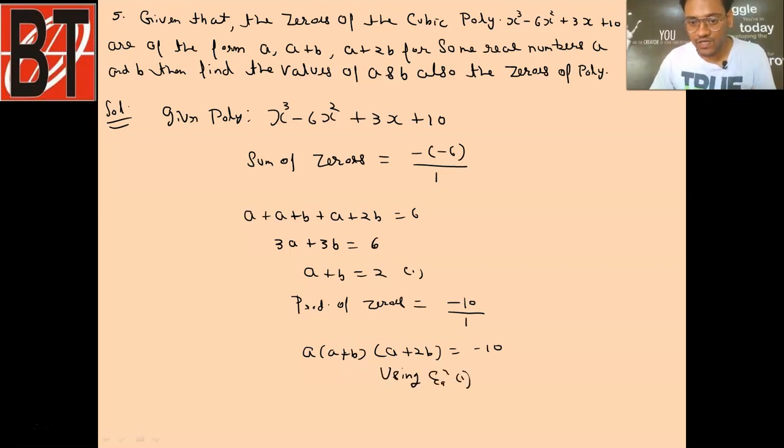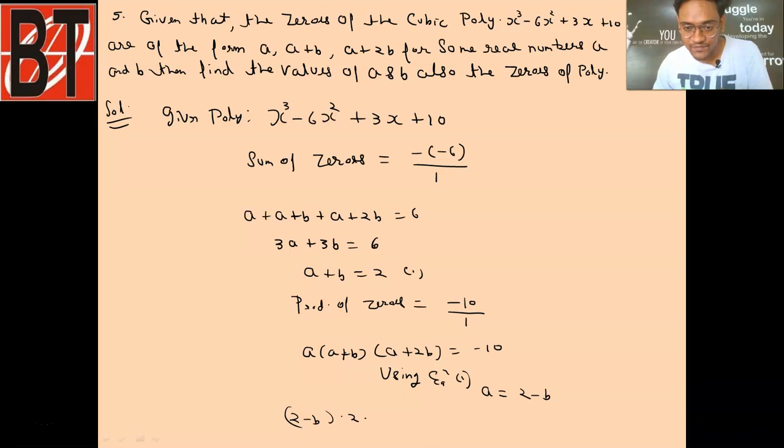Can you observe that in place of a, I can write 2 minus b. Now a plus b is already 2. If you write 2 minus b, b will get cancelled out, so you will have only 2.